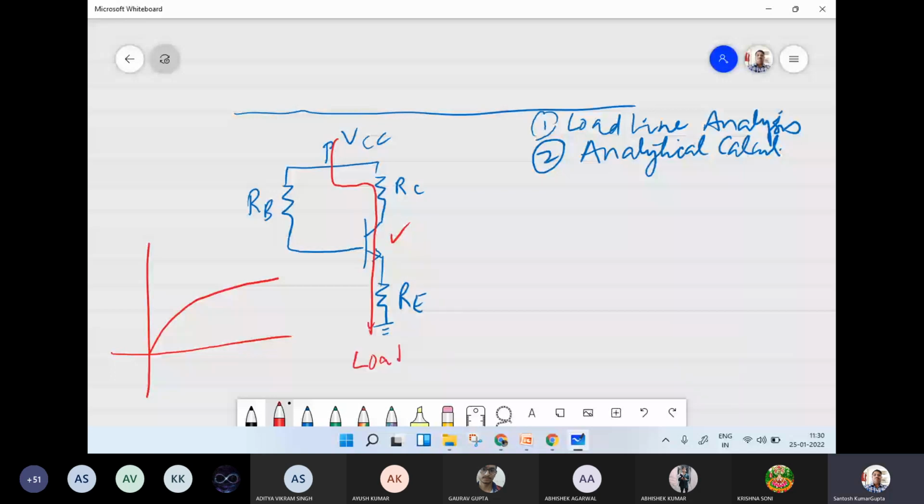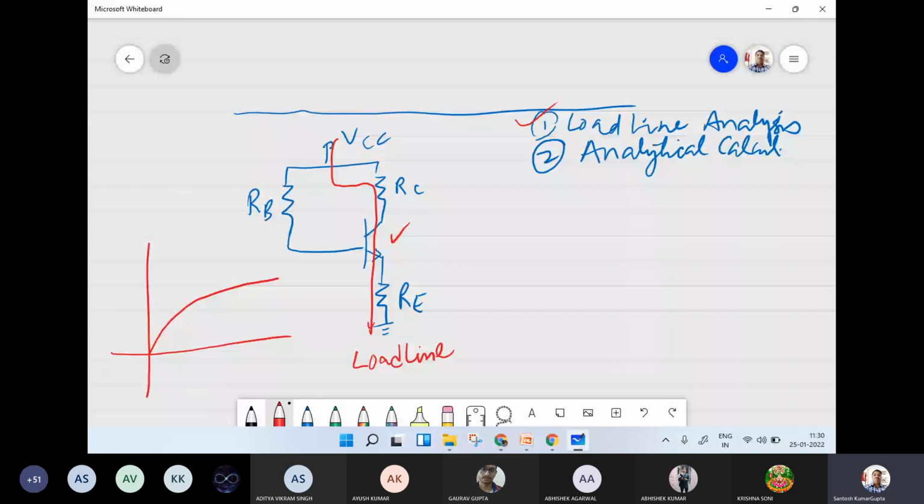And then we can do the analysis here and find out the solution. So that is always available here.